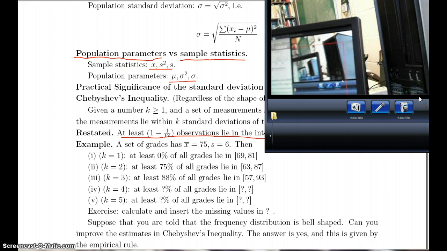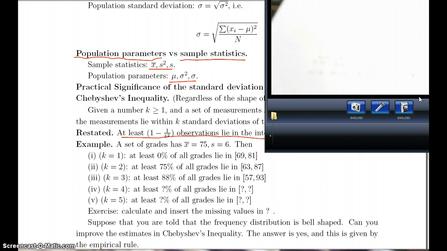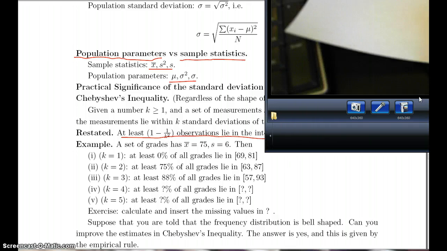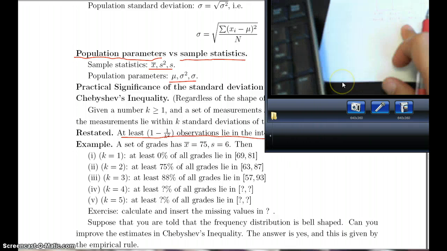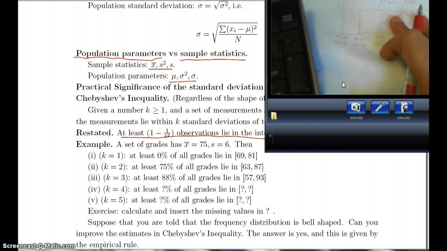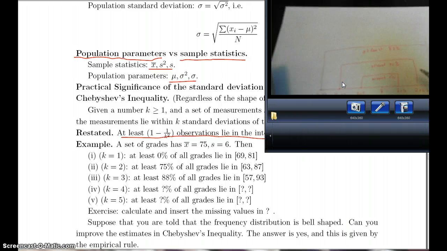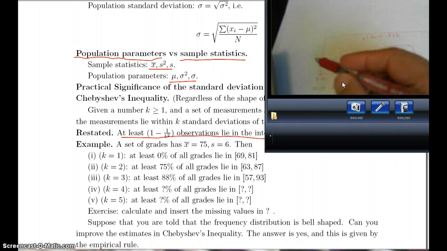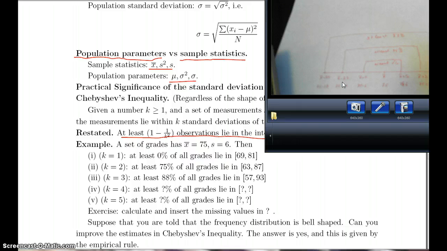So the question now, what happens if we knew that our data is bell-shaped? Suppose, I'll give you that picture again, and instead of saying I don't know what the graph is, because the histogram of the data could have been anything. Now what if my graph is a bell shape, goes up and then goes down like this?